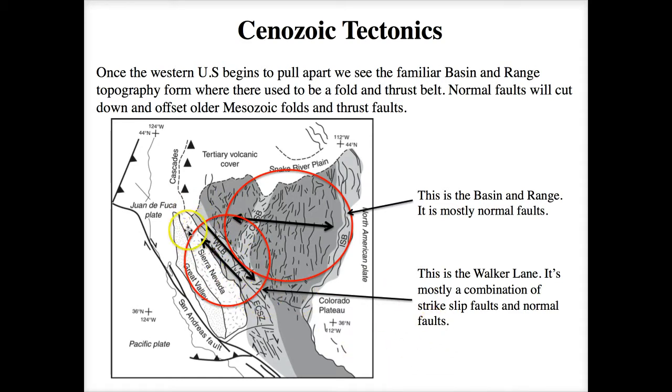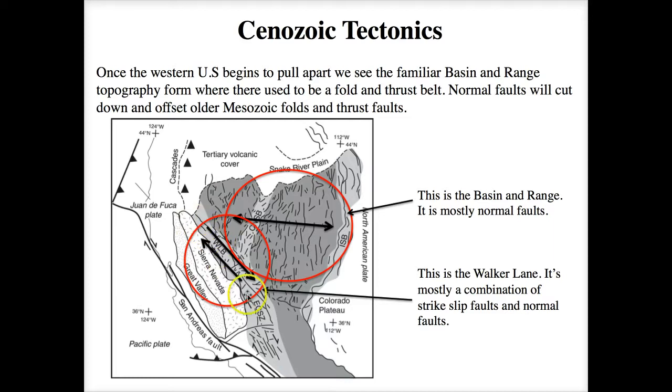This is an area, so when we have the Sierra Nevada mountain range here, and we have the Basin and Range here, there is some translation going on in a zone between the Basin and Range and the Sierra Nevada. If you remember that little animation, it doesn't just pull apart, it sort of pulls and slides to the side.